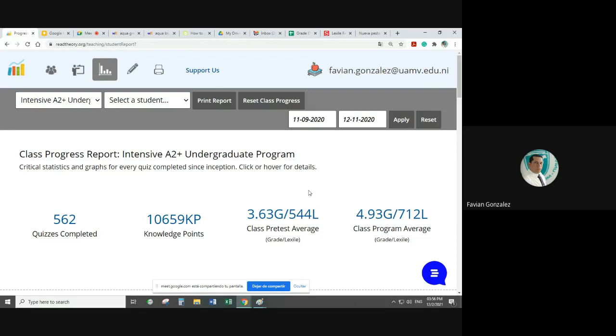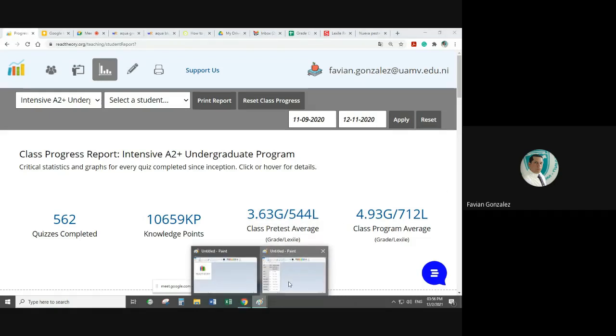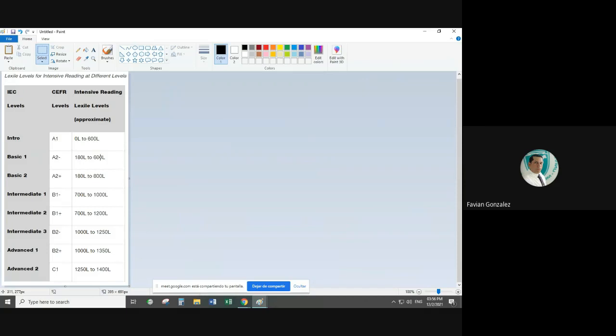So when I received this class, they had 544 Lexile points. If we take a look at the correlation table, 552 is somewhere in the A2 Lexile level in correlation to the Zephyr.